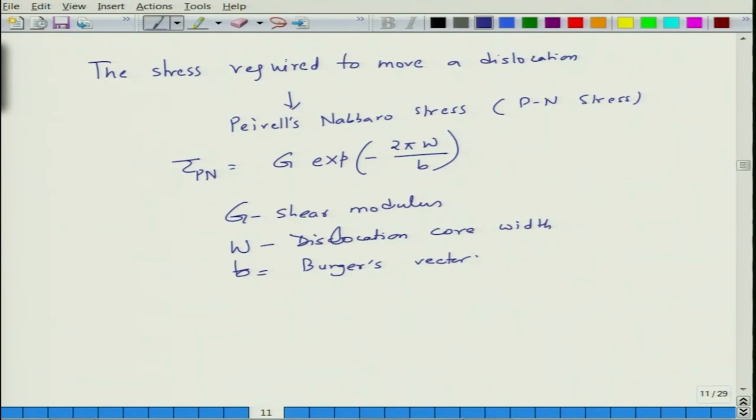W is also approximated as A divided by 1 minus nu, where nu is the Poisson's ratio and A is the lattice parameter.